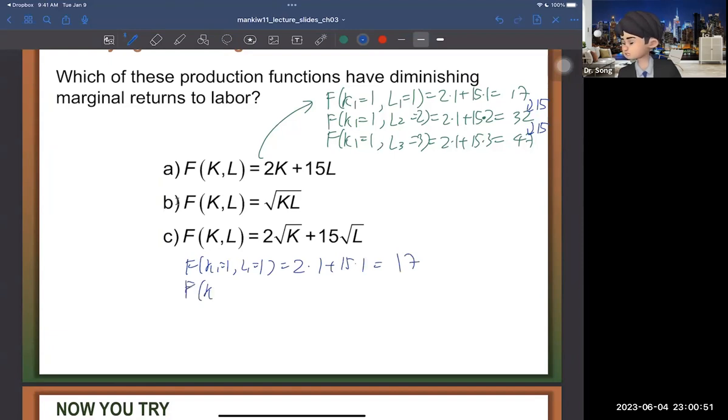Now I fix the capital as 1, but I have 1 more worker. So 2 times 1 plus 15 times the square root of 2. Let me calculate that real quick. Square root 2 is 1.414 something times 15.